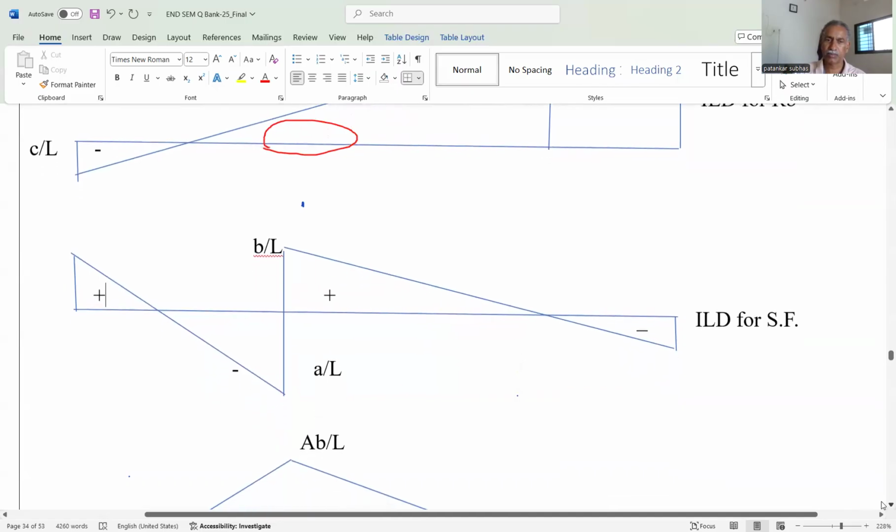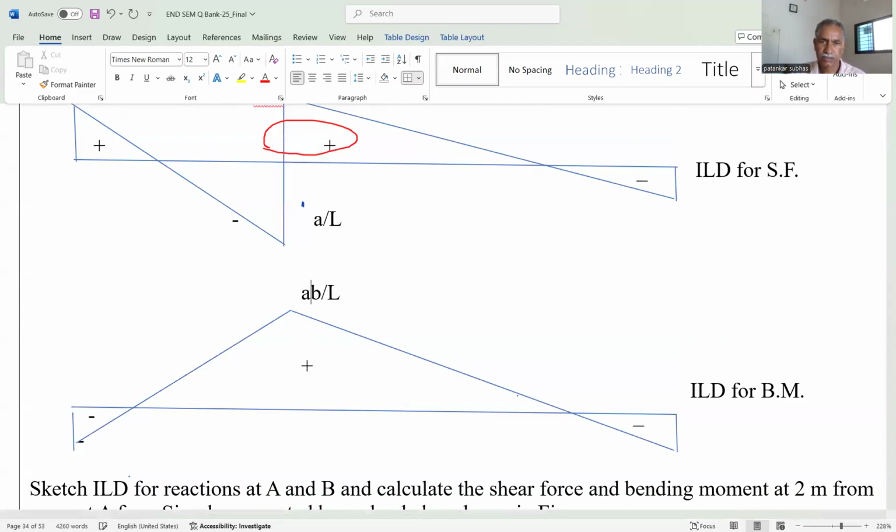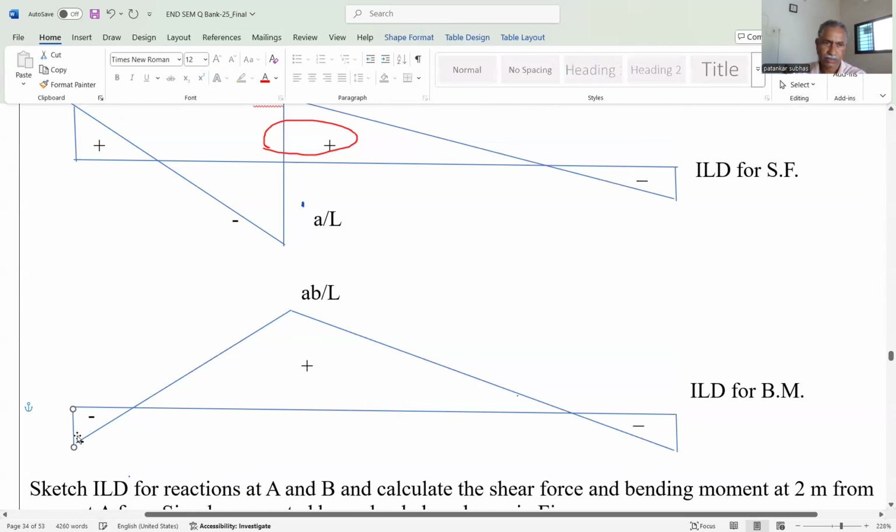Similarly, ILD for the bending moment, repeat the same procedure. This is the support A, this is the support B. ILD ordinate at support A and B is 0, and at the section it is a b divided by L, small a, it is not capital A, small a into b divided by L, and extend the slope if there is an overhang portion from A as well as from B. So this is about the ILD for bending moment, right?